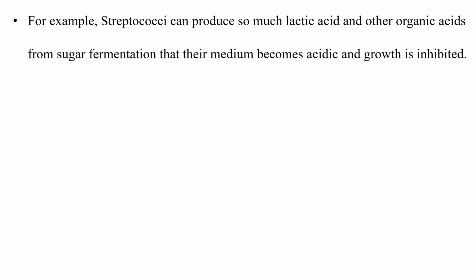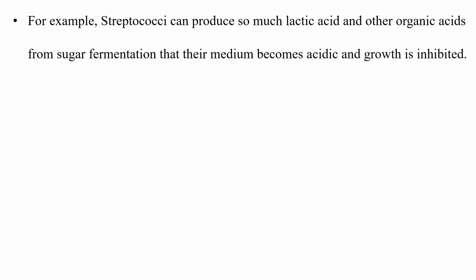So during this stationary phase, the organisms are metabolically active. We can take the example of streptococci. When streptococci enter the stationary phase, they start to produce organic acids like lactic acid and other organic acids from the sugar which was present within the medium.